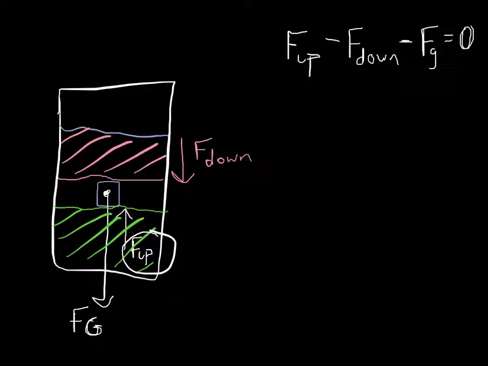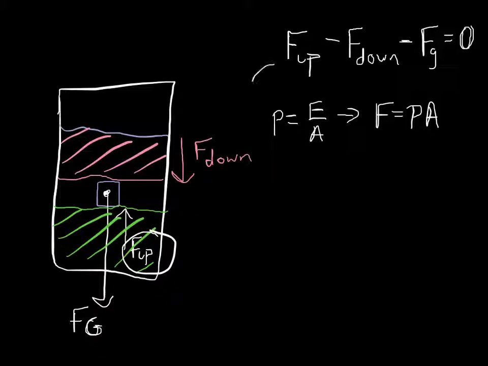Now if we go back to our definition of pressure, pressure is equal to force per unit area. So we can solve this equation for force. Force is equal to pressure times area.